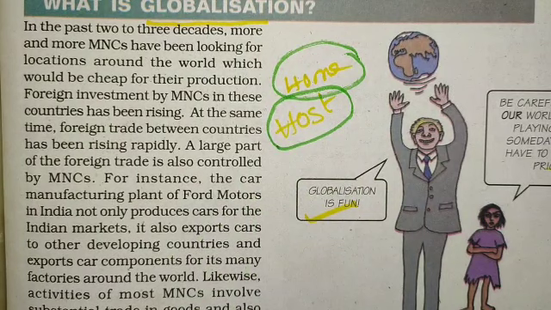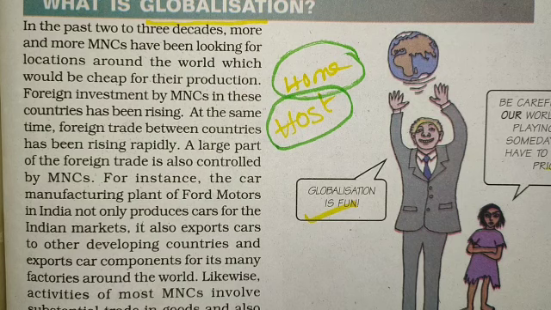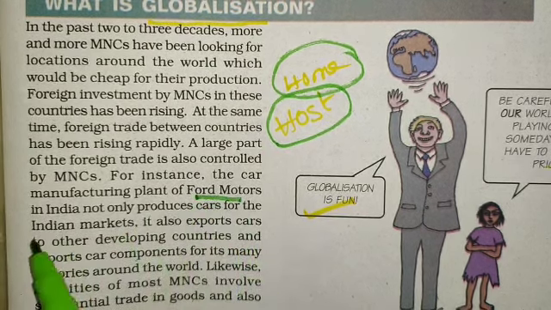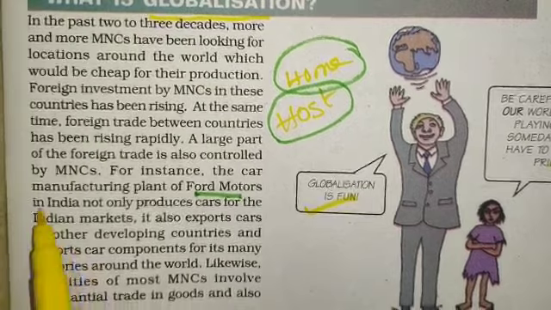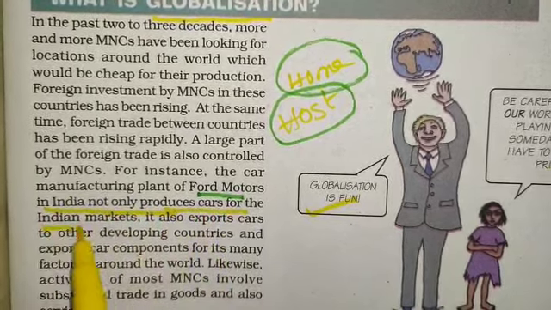At the same time, foreign trade between countries has been rising rapidly. A large part of foreign trade is also controlled by MNCs, multinational companies. For instance, the car manufacturing plant of Ford Motors in India not only produces cars for the Indian market. Ford Motors India has made it so that it is not only producing cars for the Indian market.